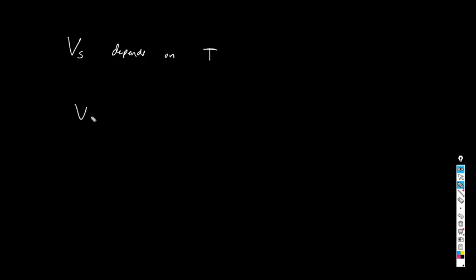And again, physicists have discovered that this dependency can be written in this way. The velocity of sound is a function of temperature, and such function has been nailed down very accurately as 331 plus 0.6 times temperature measured in Celsius.